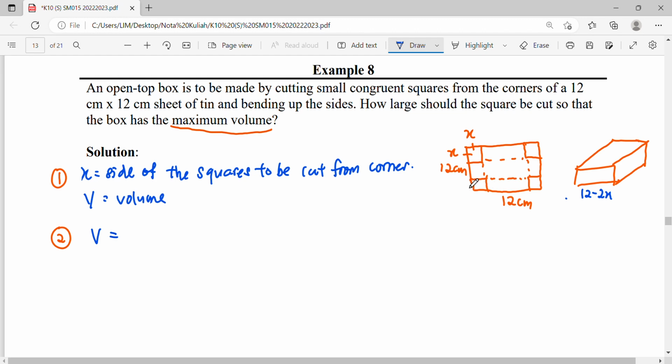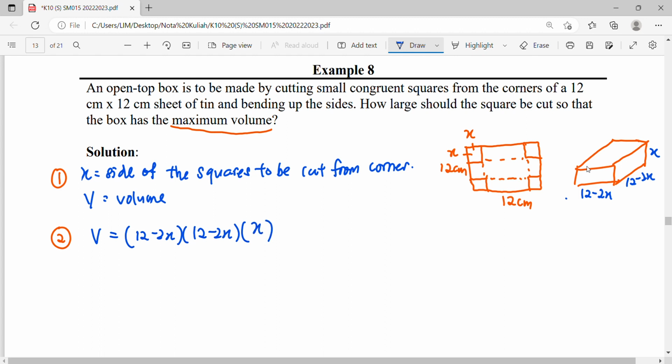When I cut this side, this one x, this one x, so this side will have 12 minus 2x. And when you fold up, the height of this box will be only x. So the volume of this open top box will be 12 minus 2x, and then 12 minus 2x for length and width, and the height of the box is x.